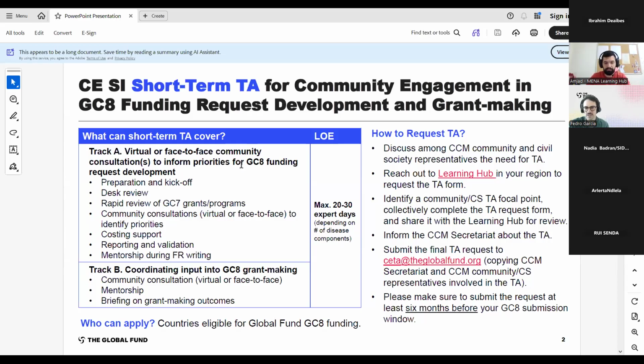And the TA can support communities in different types of support during funding request development and during grant making.